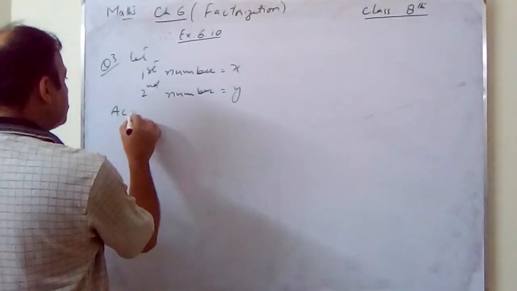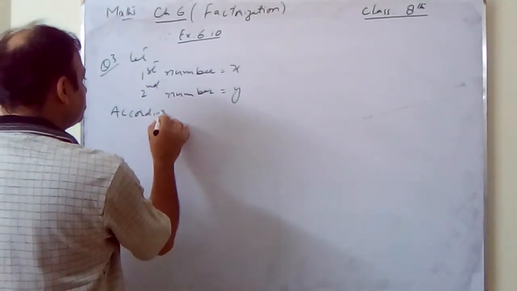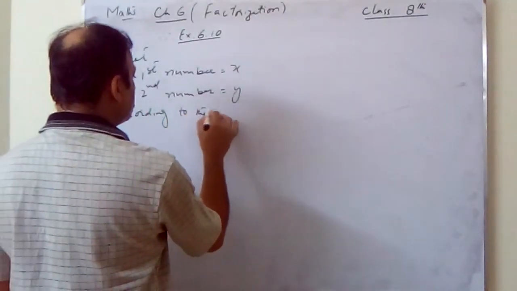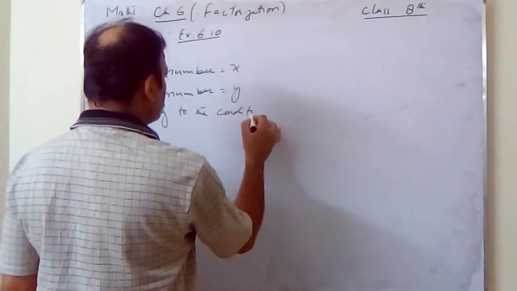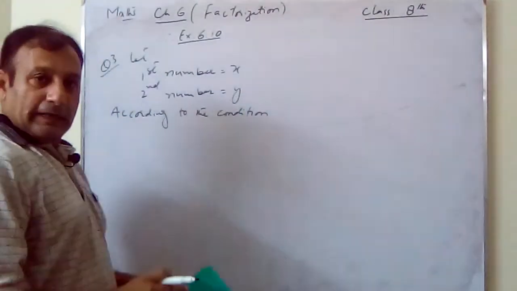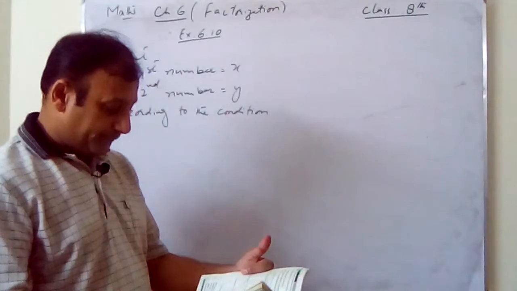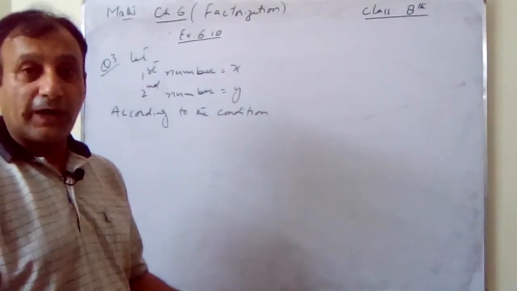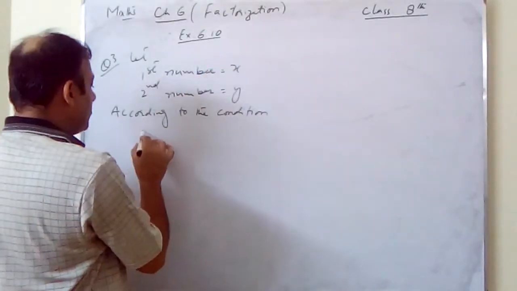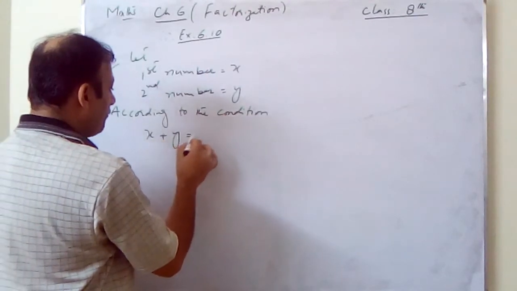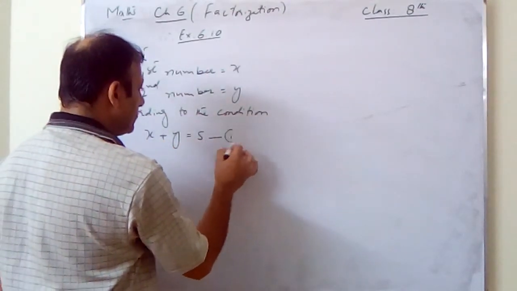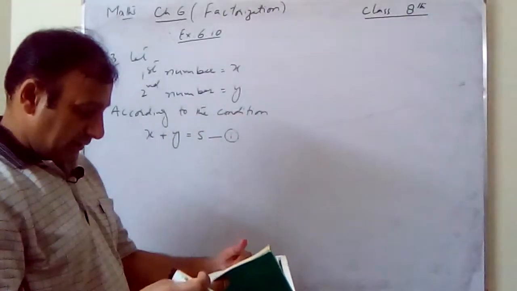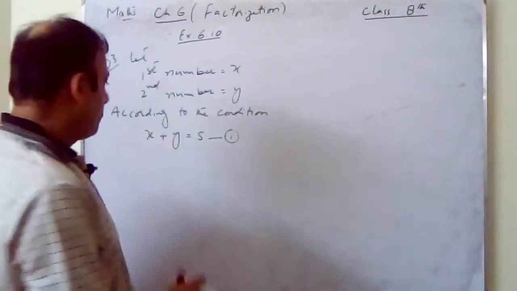According to the condition, the sum of the two numbers is 5, and their difference is 1.